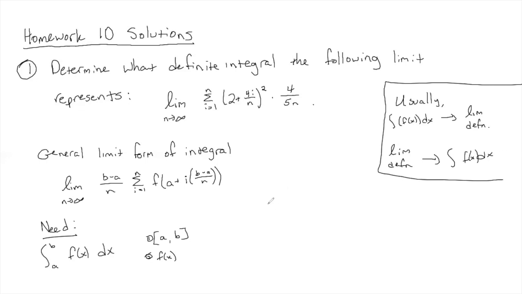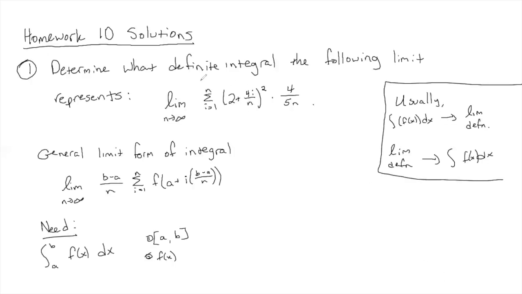Okay, so b minus a over n, it looks like I can rewrite this. So let's do just that. So rewriting, I have the limit as n goes to infinity. And remember, anything that isn't exactly attached to an i can just get pulled outside. So let's pull that 4 over 5n to the outside.